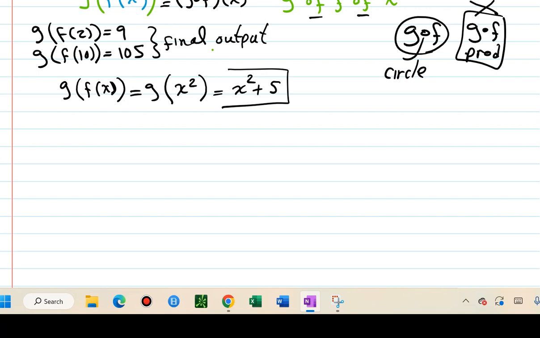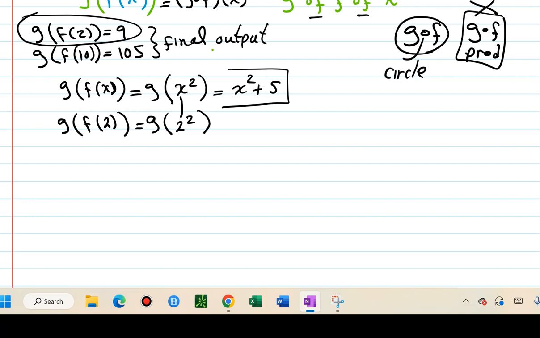Now, let's see how we're going to use this. Rather than doing the function machine and processing 2 and tracking it at every point, I'm going to go g of f of 2. We already know the answer, right? The answer is 9. That's going to be g of f of 2. Again, you replace x with a 2, you square it.